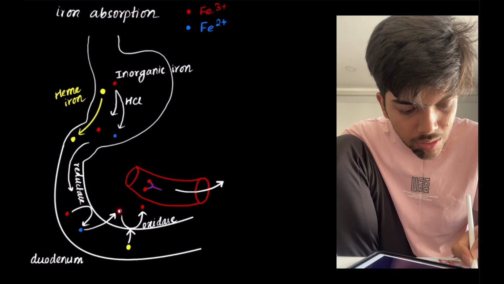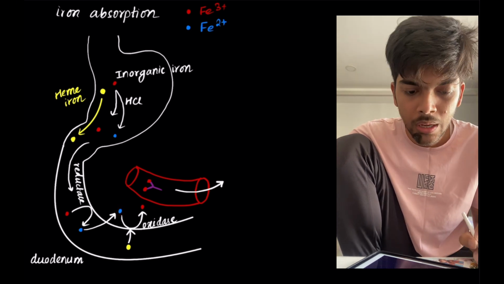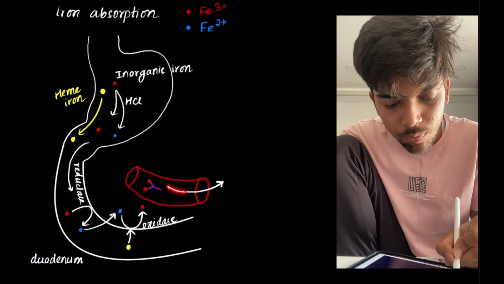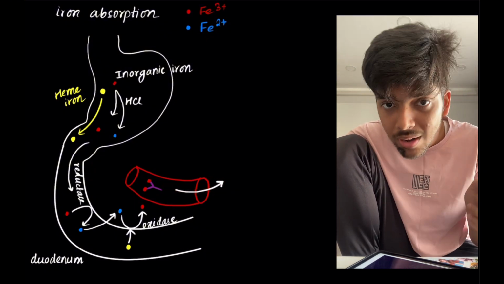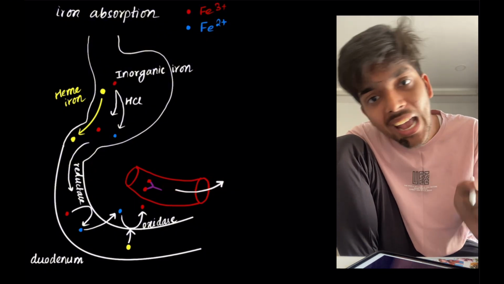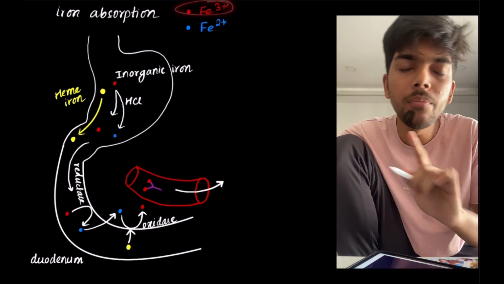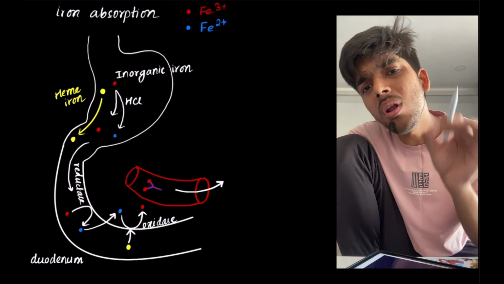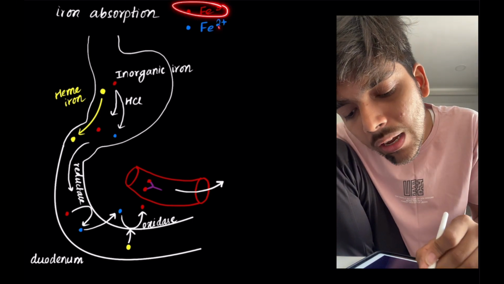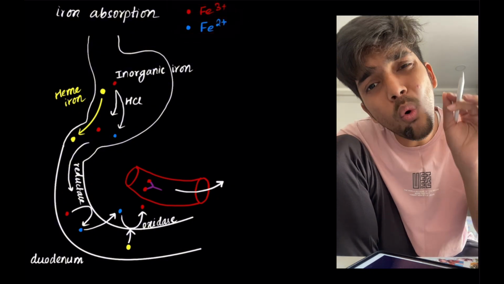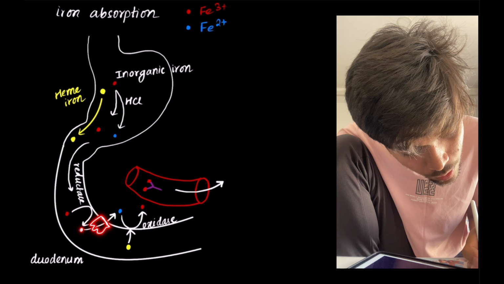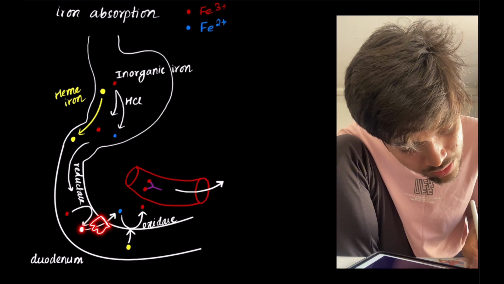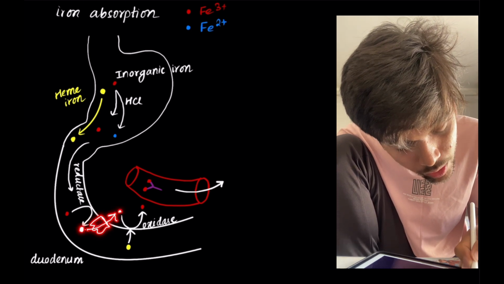After ferrous form reaches the other side of the duodenum, now this iron needs to be transported through blood to different parts of the body. However, for transportation, we again require the ferric form, not the ferrous form. The whole purpose of converting ferric form to ferrous form was only for this much step: for taking iron from inside the duodenum to outside the duodenum.